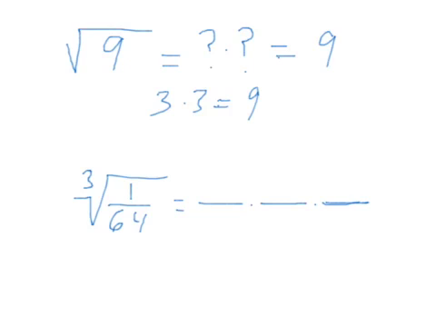Well, the top is easy because we know that 1 times 1 times 1 is still going to equal 1. What we might have to think about a little more clearly is what the bottom number is, because again we know our times tables, we can figure out that 4 times 4 is 16 times 4 again is going to give us 64. So there you have the idea of finding roots as it is.